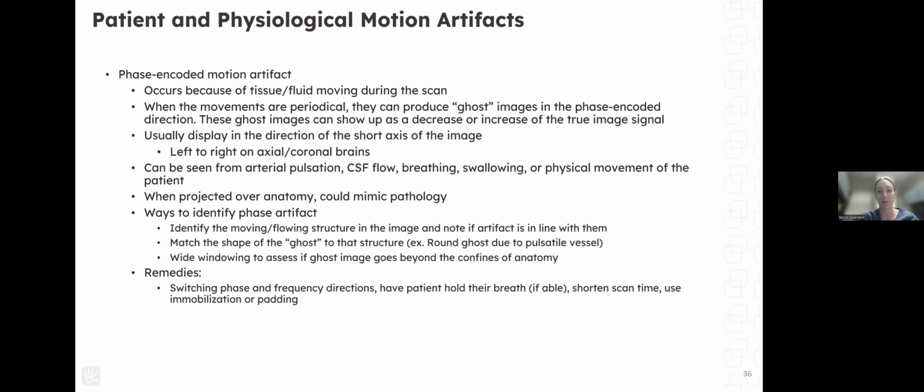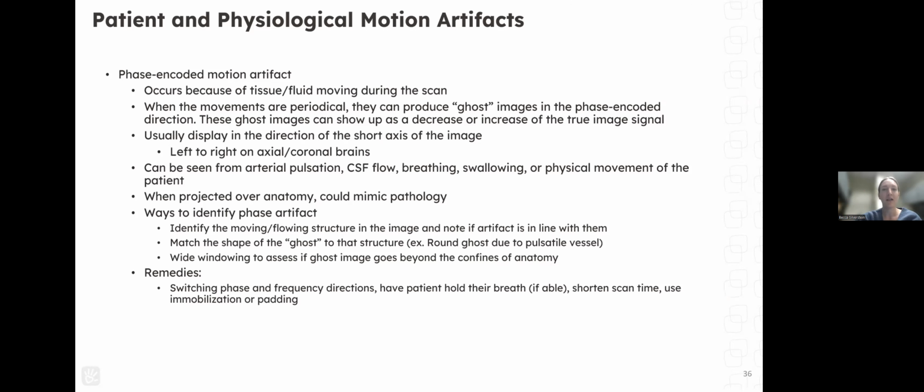So an example of a pulsatile vessel, let's say if you were on an axial cut, you should see a round ghost or a round image that looks exactly like this. And then also looking at wide windowing, making sure that anything goes beyond the normal confines of anatomy. So looking at outside the skull and seeing if there's abnormalities in that area where there should not be abnormalities.